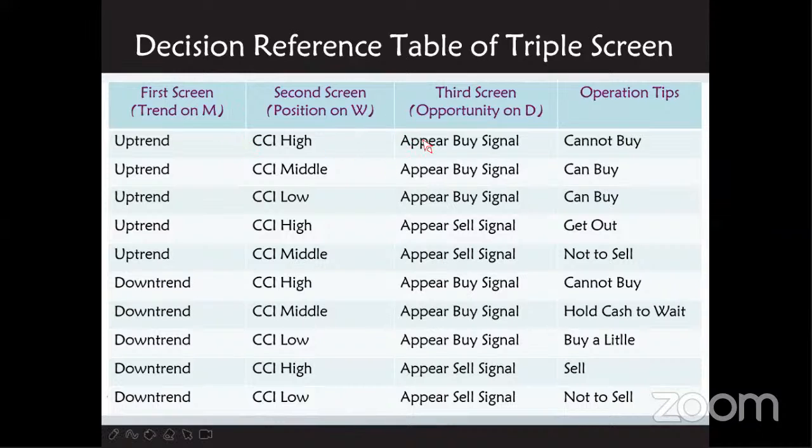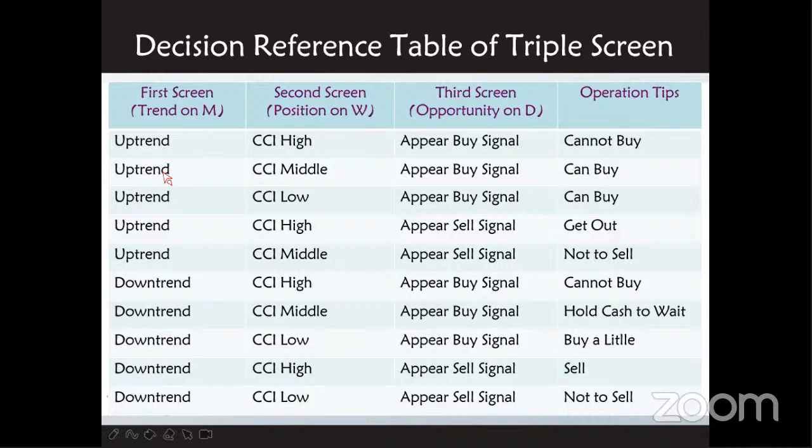Then even if on the daily chart the red circle buy points appear, a buy signal based on RWC, we cannot buy, because the weekly chart is already in the high position, which means a high possibility it will go to a medium term correction, which means based on the weekly chart, it will correct for maybe several weeks. So it's not a good timing for us to buy, even if buy points appear on the daily chart, right?